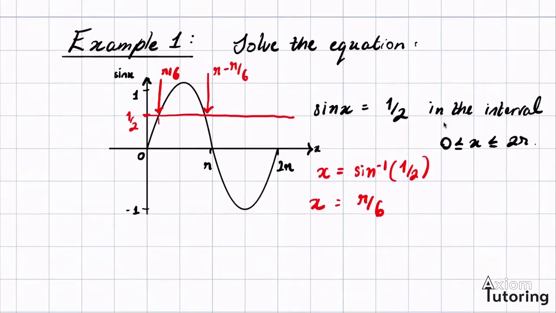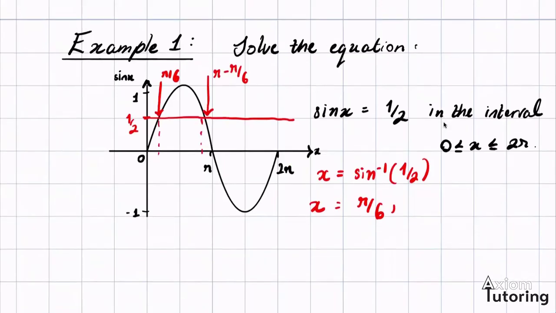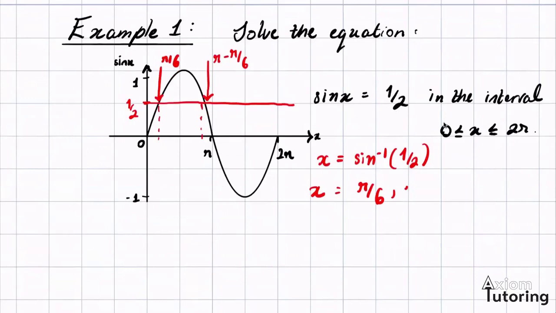So our second solution there is pi minus pi over 6, which is 5 pi over 6. And these are the solutions within 0 to 2 pi.